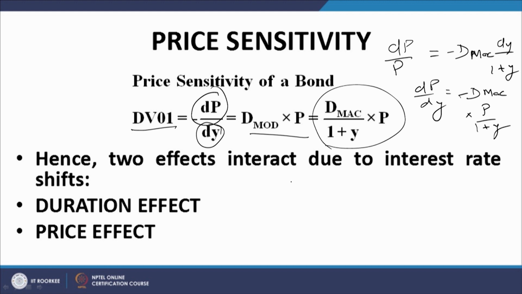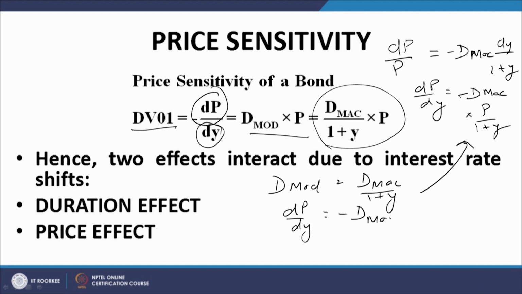And if we recall that D mod is nothing but D mac divided by 1 plus y, what do we get? By substituting in this equation, what we get is dP upon dy is equal to minus D mod, that is modified duration, into P.